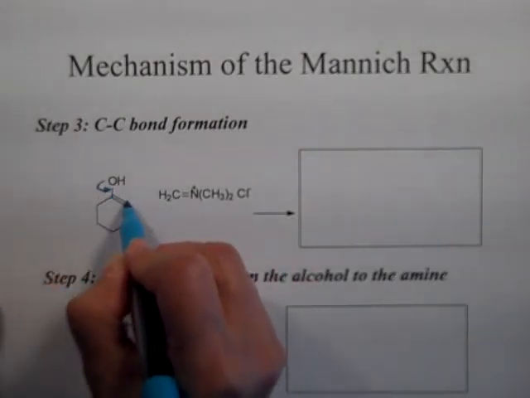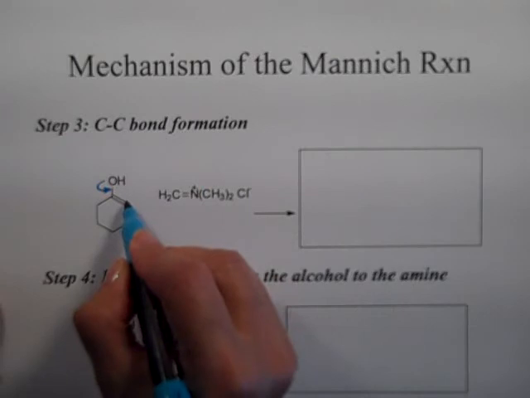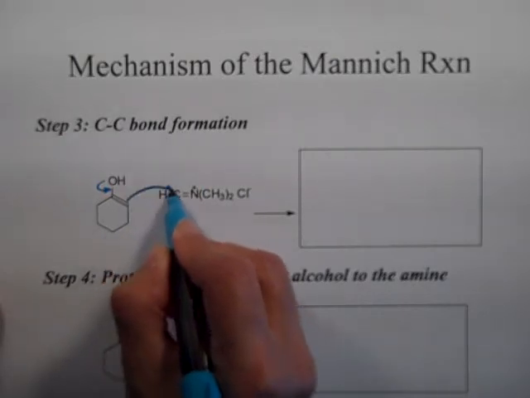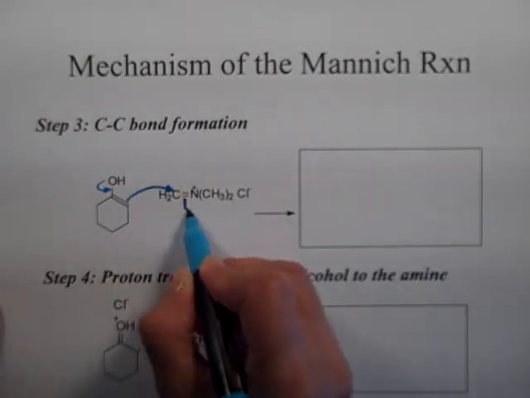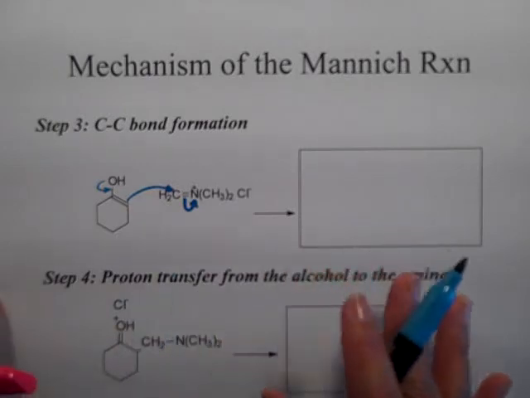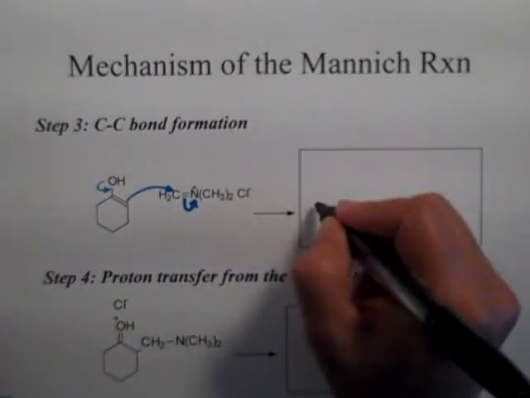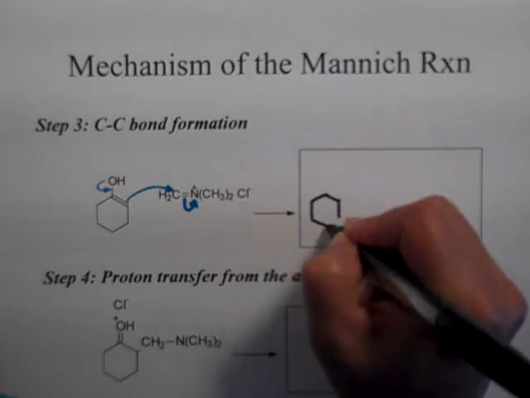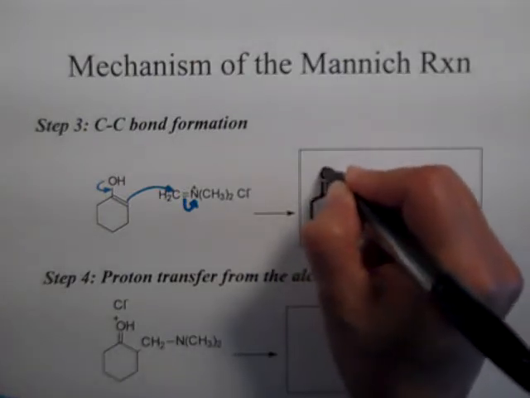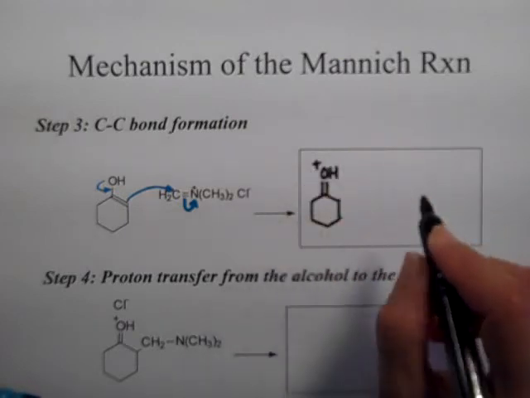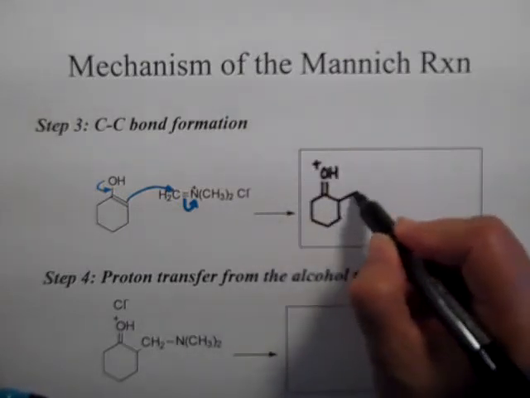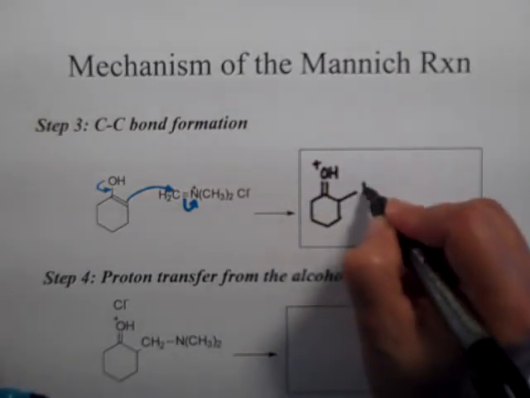Reform the carbonyl and make this double bond attack the carbon of the formaldehyde, of the iminium. And we're almost done. All right, so we did form the carbonyl back. We attacked the CH2.